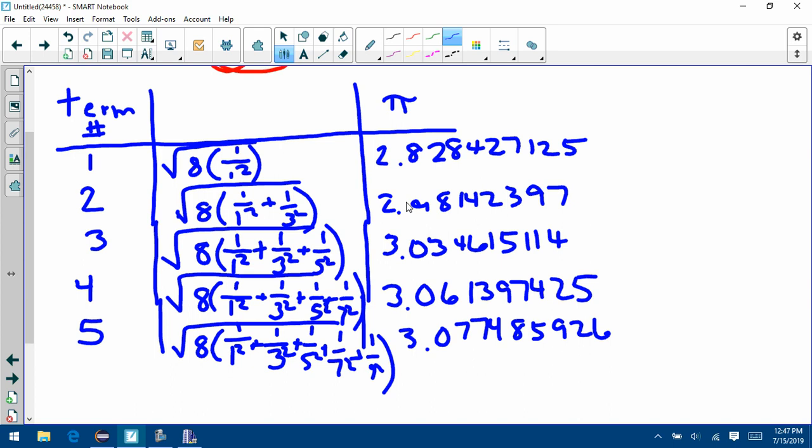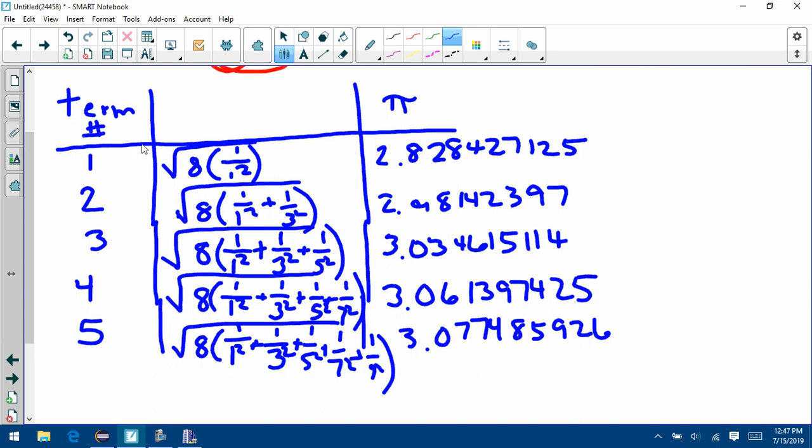As the number of terms you're adding increases, this approximation is getting closer to pi. If I were to go all the way to the 500th term, which is the first one you're going to have to print out in this program, it's going to be a lot closer to pi than this. If you're in calculus or maybe even pre-calc, you may have heard of something called a limit.